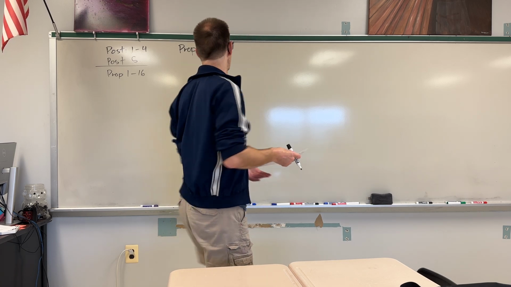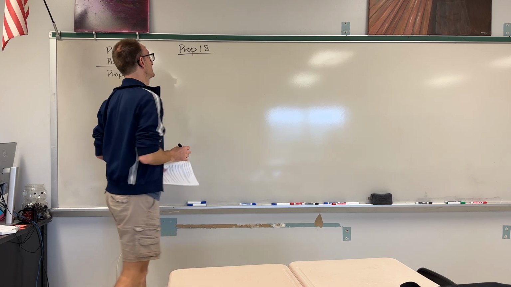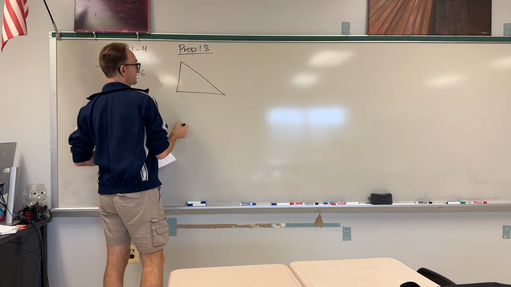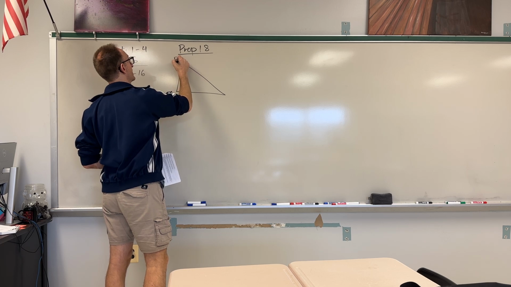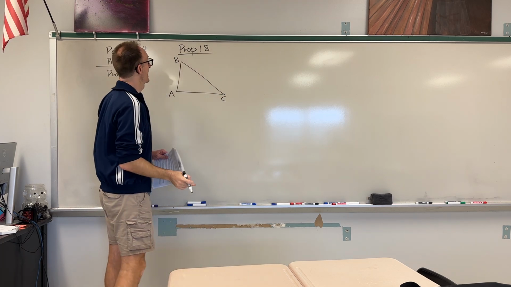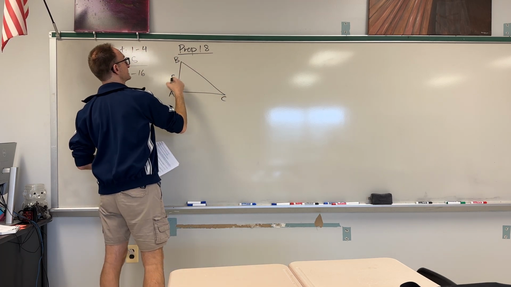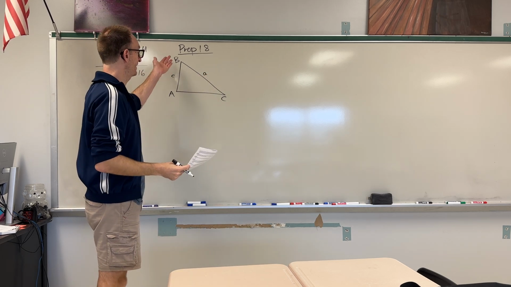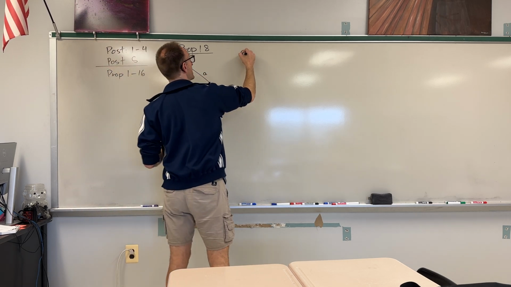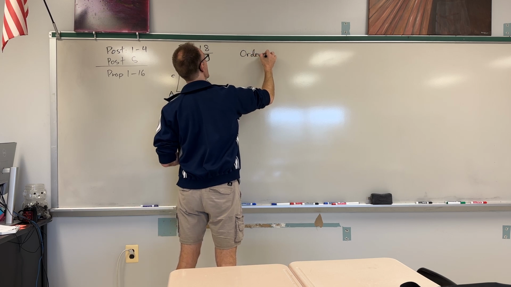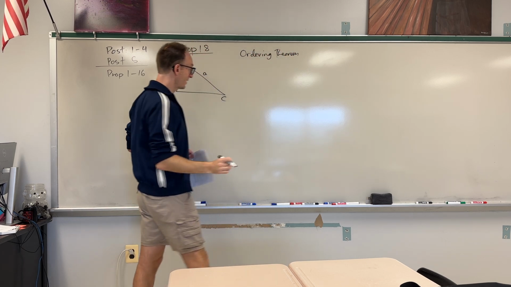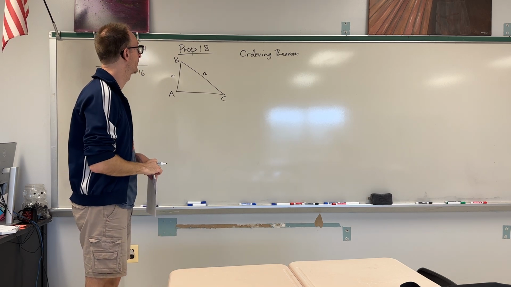Waiting for some head nods, all right? So this one basically says, if you have a triangle, like maybe one like this, this is triangle ABC, then this would be little c, and this would be little a. As common sense indicates, this I call the ordering theorem. What is the ordering theorem?